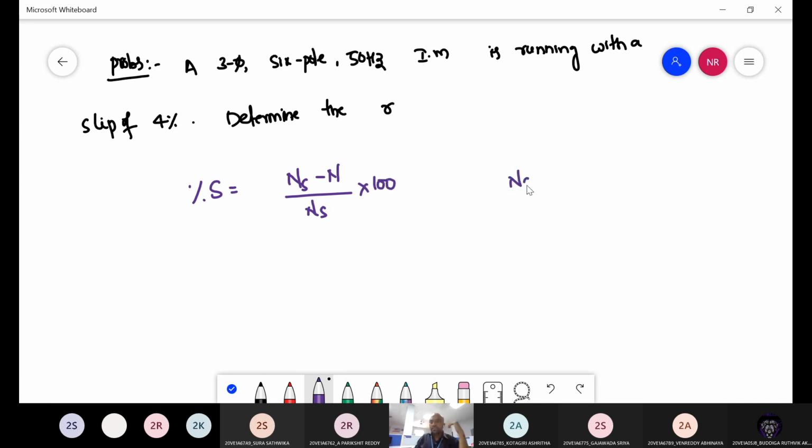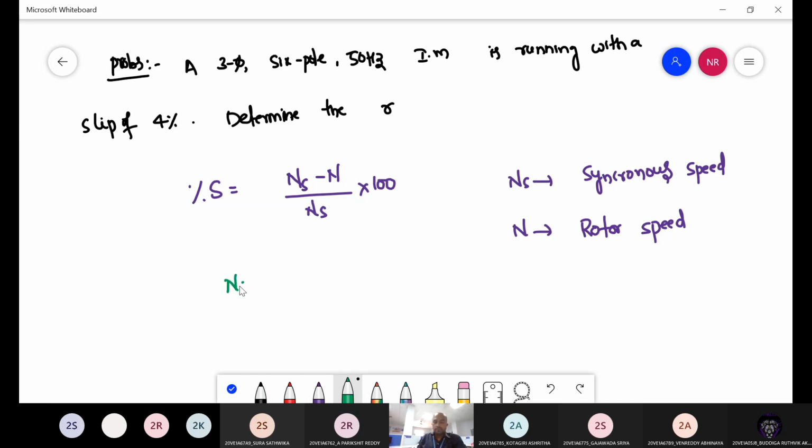Here ns is the synchronous speed, n is the rotor speed. ns is equal to 120 into f by p.